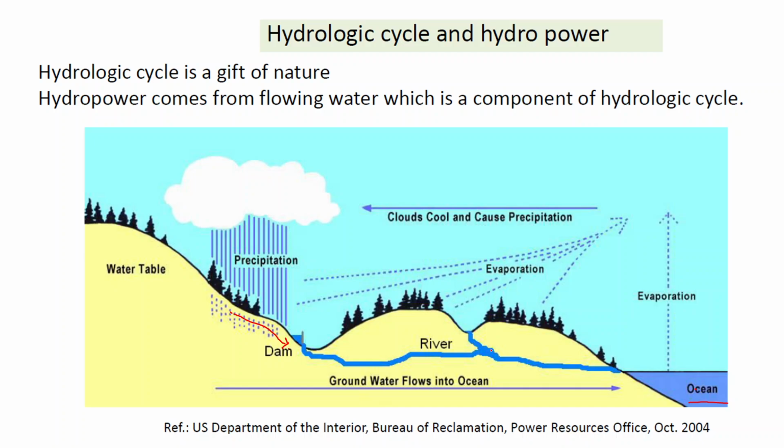It takes the kinetic energy, and the turbine is in turn connected to a generator which converts this mechanical energy to electrical energy. So the water cycle is basically the basis of our hydropower.